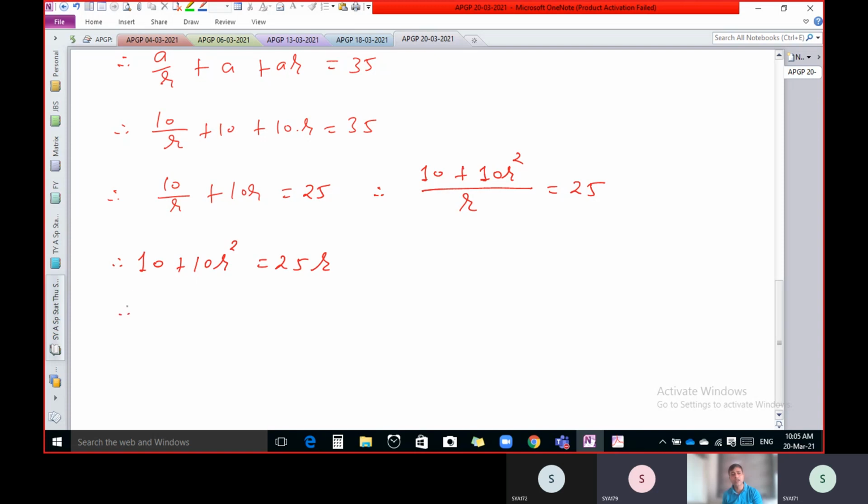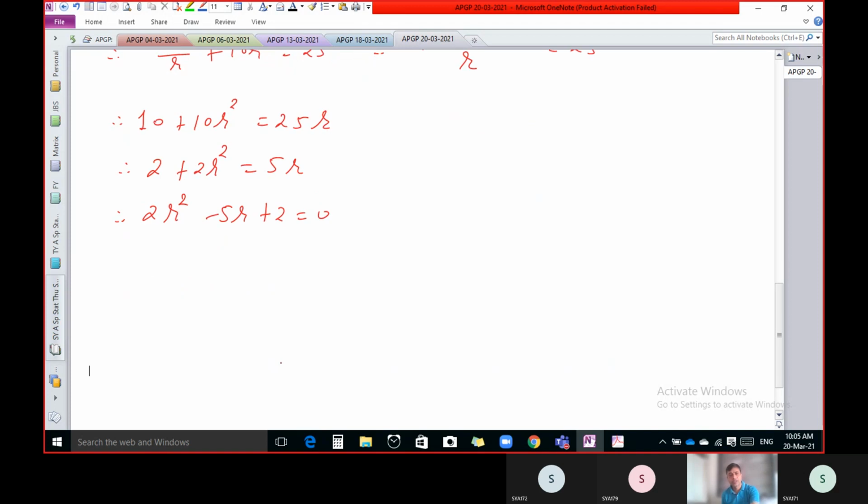Divide each term by 5. See, each number is divisible by 5. So what do we get? 2 plus 2r square equals 5r. Now take 5r to the left side. So 2r square minus 5r plus 2. Yes, factorize. Splitting the middle term: 2r square minus 4r minus r plus 2. Take common.